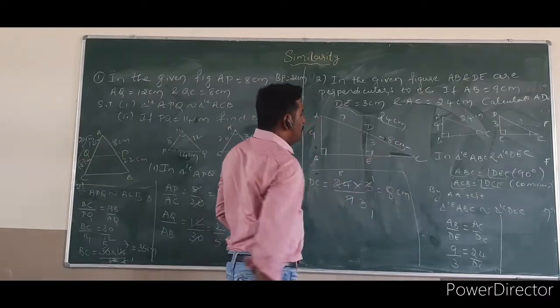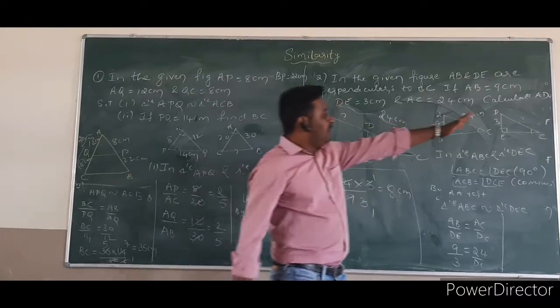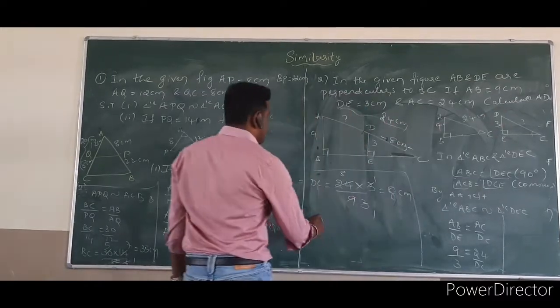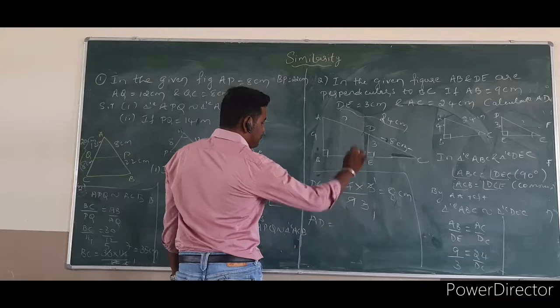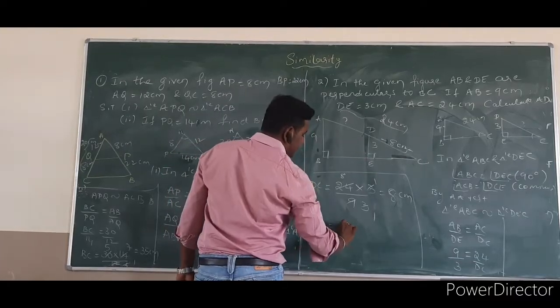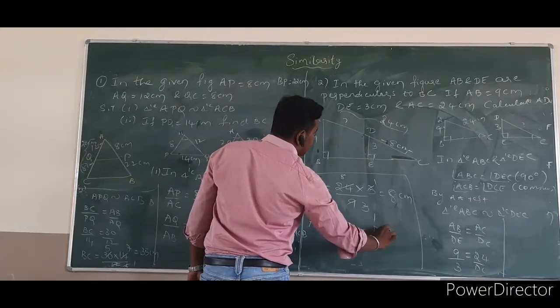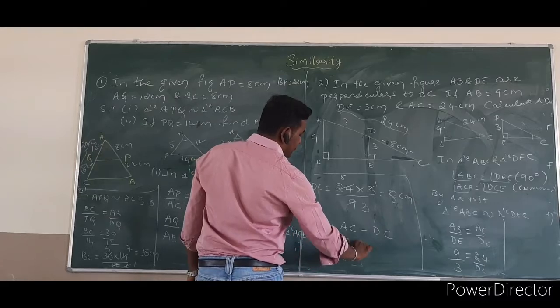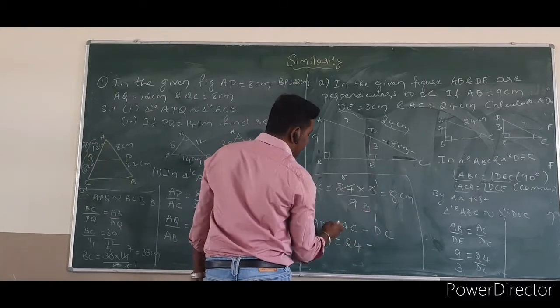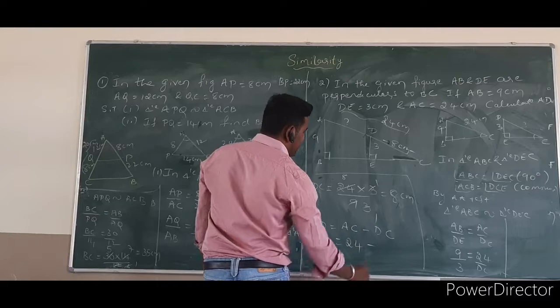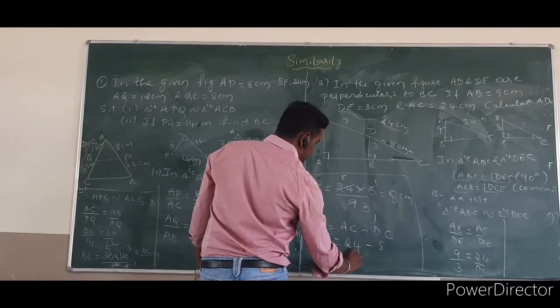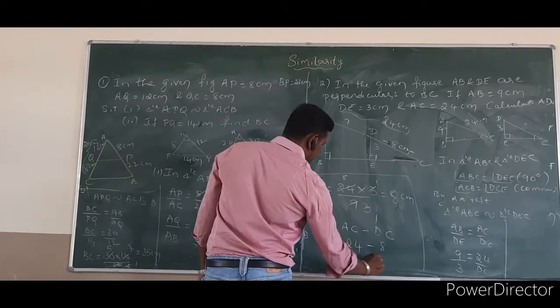So this is DC, 8 centimeter now. Now what they are asking to calculate here? AD. So AD is equal to AC minus DC. AC is how much? 24 minus DC we already find out here, 8 centimeter. So 24 minus 8 means 16 centimeter.